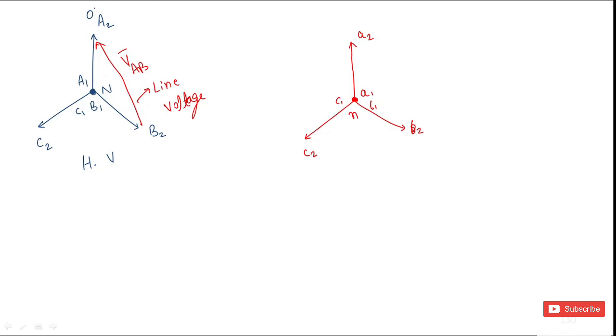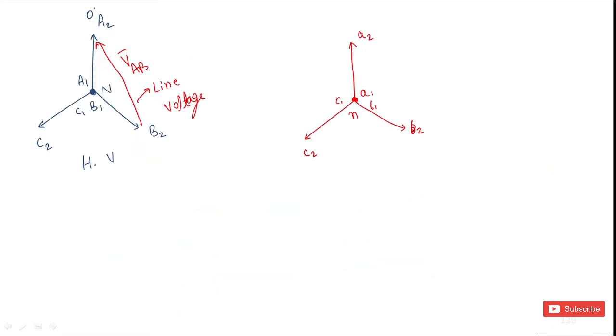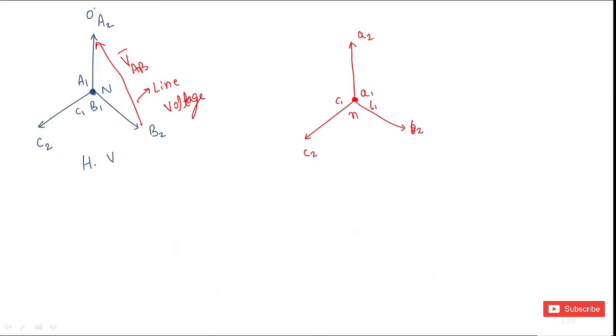Okay, now you can make the connection here. Connection is A1 B1 C1 all are connected with neutral point, okay, equipotential point. So this is the phasor diagram and connection for Yy0, okay.